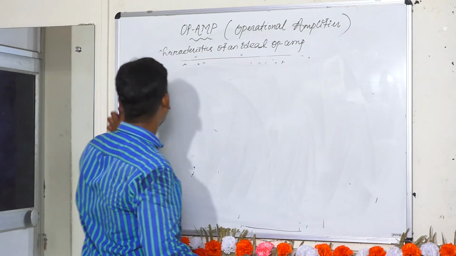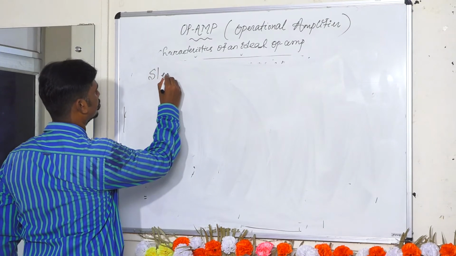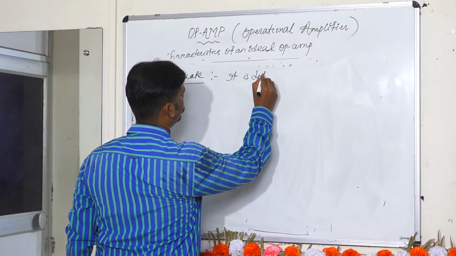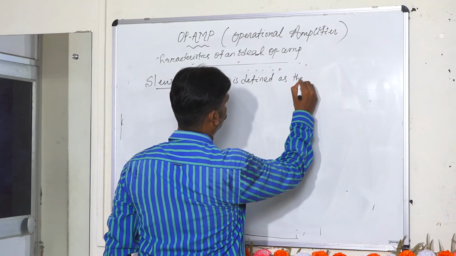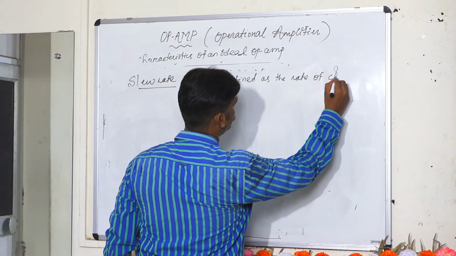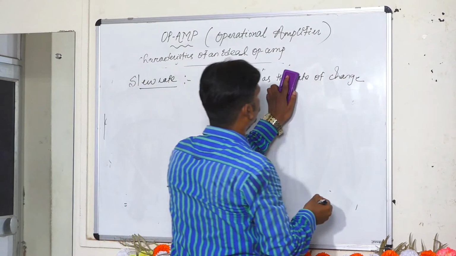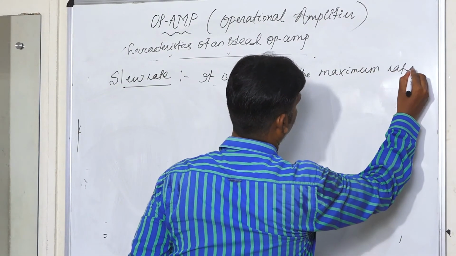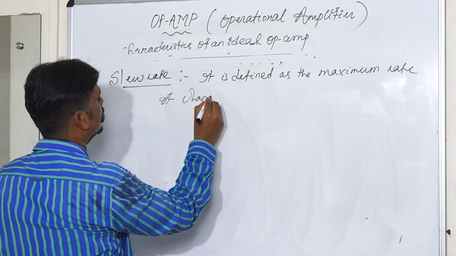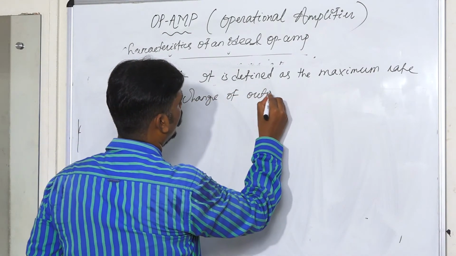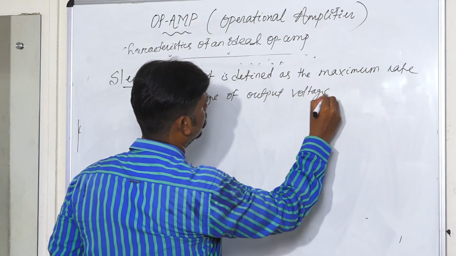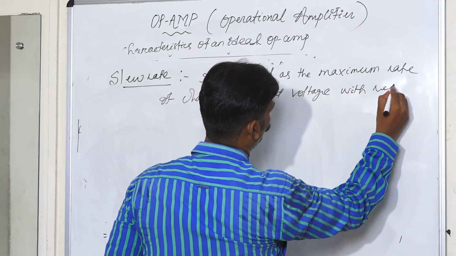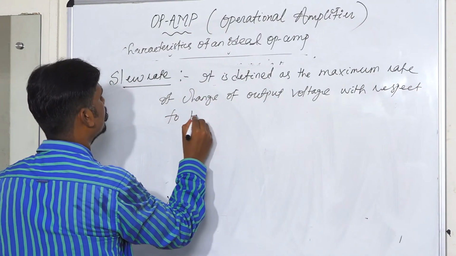So what is slew rate? It is defined as the maximum rate of change of output voltage with respect to time.